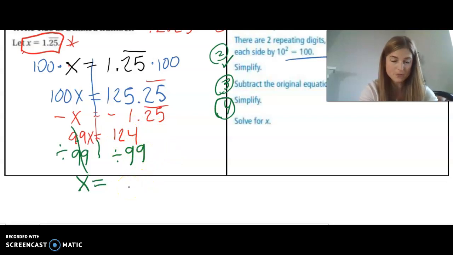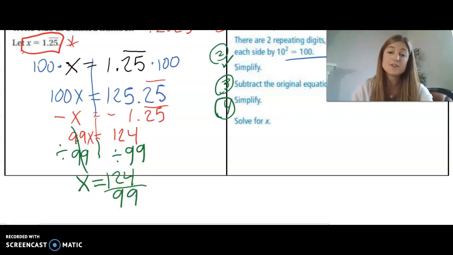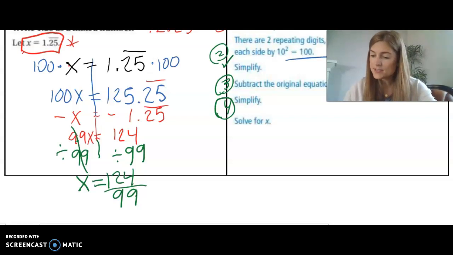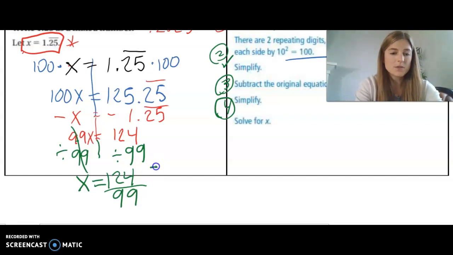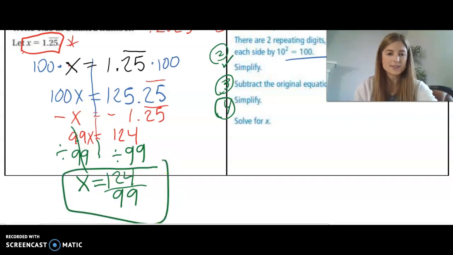You'll get a decimal. You want it to be a fraction, so keep it in fraction form. Keep this as 124 all over 99. And then if you can simplify it from there, then do it. But in this case, let's see if we can, nope, I don't think we can reduce this. So this would be my final answer.